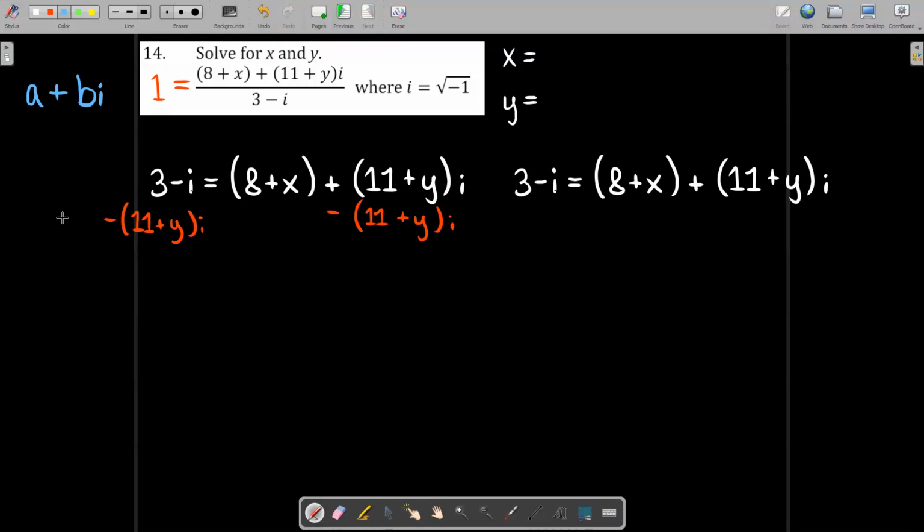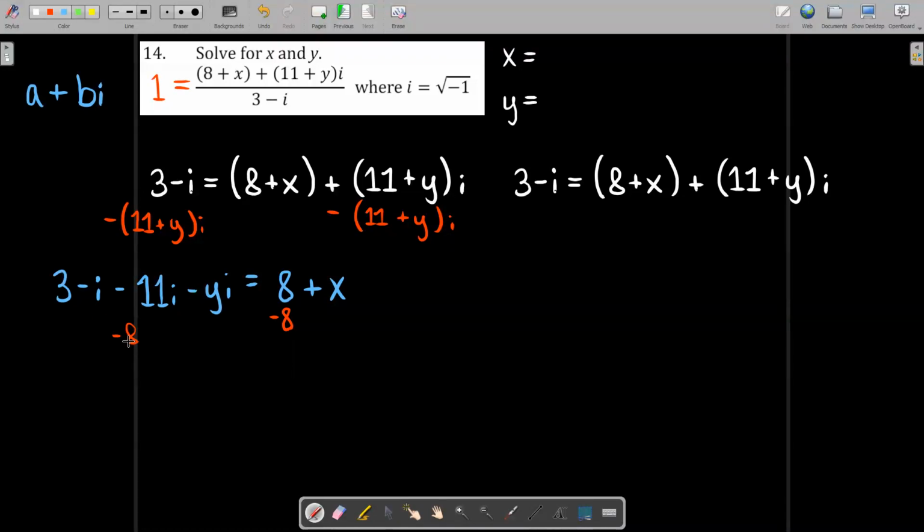I'm going to have 3 minus i minus 11i minus yi equals, and then I can drop the parentheses if there's nothing being distributed. I don't have anything multiplying by this, so I can just drop it. 8 plus x. And then just to get the x by itself, I'm going to subtract the 8 from both sides.